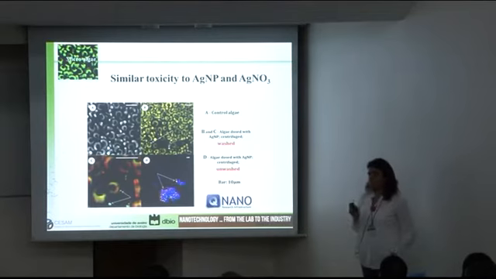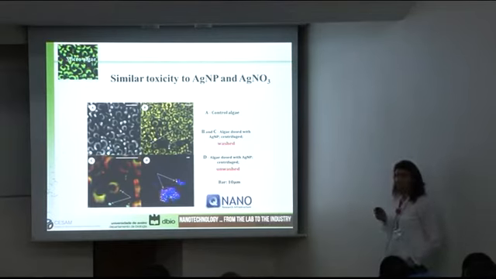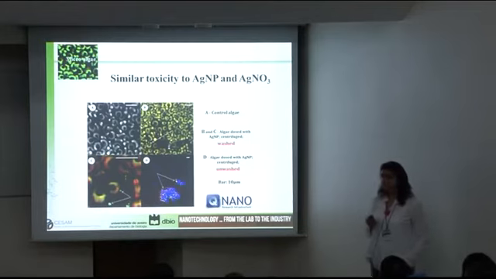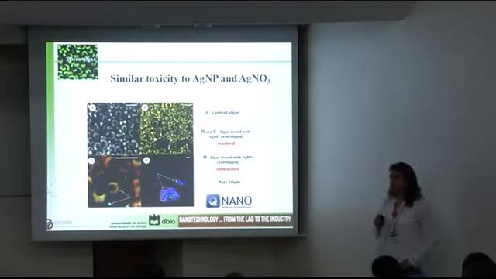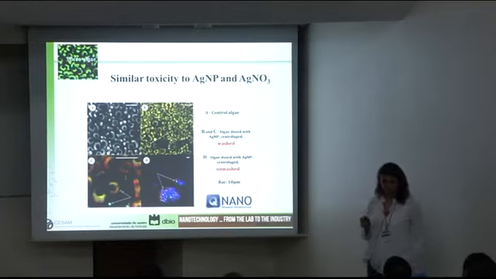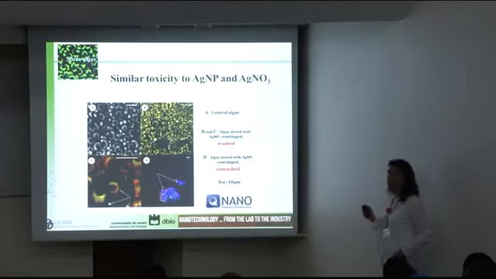So what we saw here, and that is a pattern from the majority of silver nanoparticles, is that unicellular algae, or some species of unicellular algae like this one, cannot incorporate silver nanoparticles. So what this meant was that the toxicity was mainly induced by the dissolved silver that was coming out from the nanoparticles.